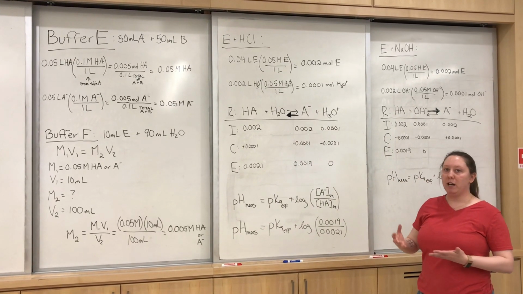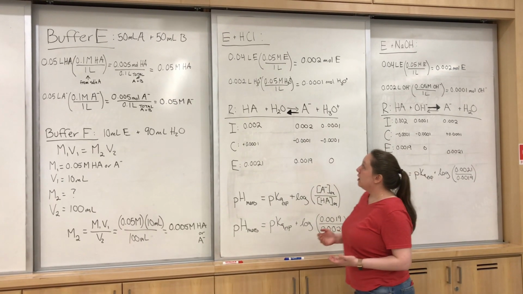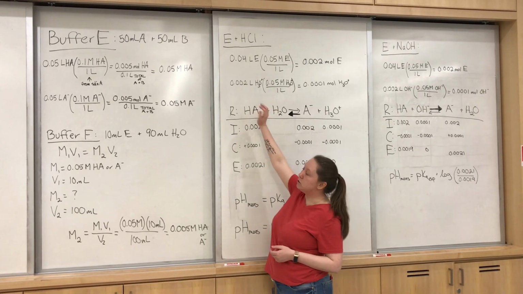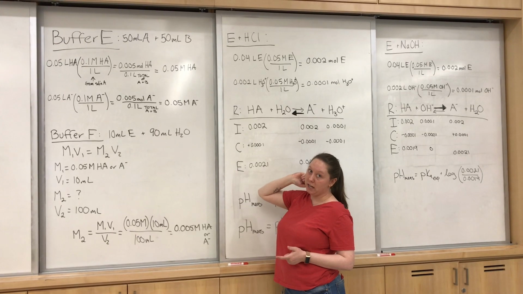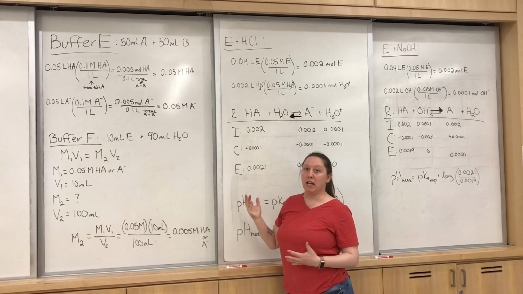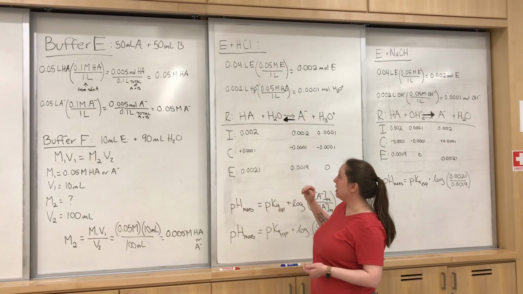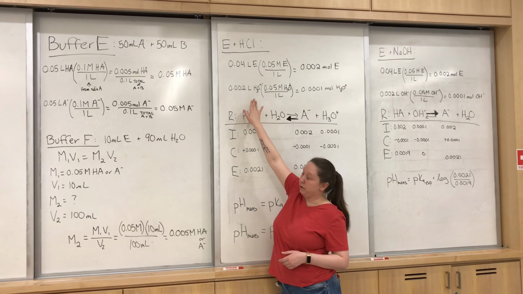Now we need to think about our titrant. So in our procedure, it says we're adding 2 mL of HCl. We know that dissociates 100%, so that means we're getting 100% H3O plus, okay?